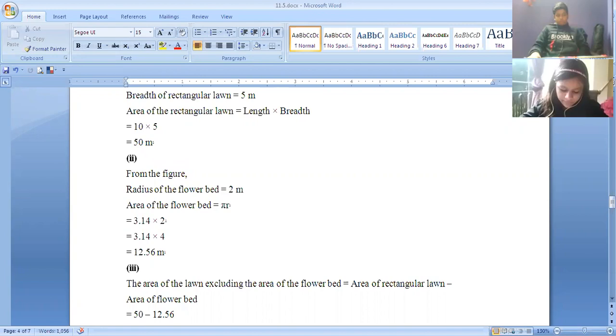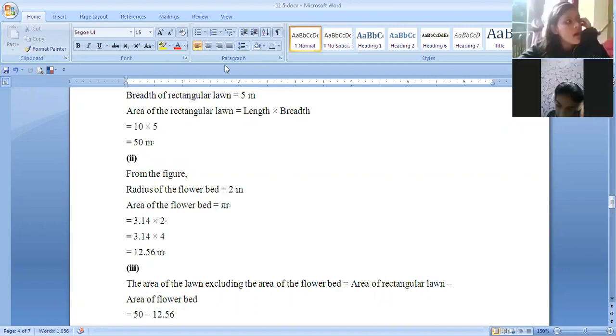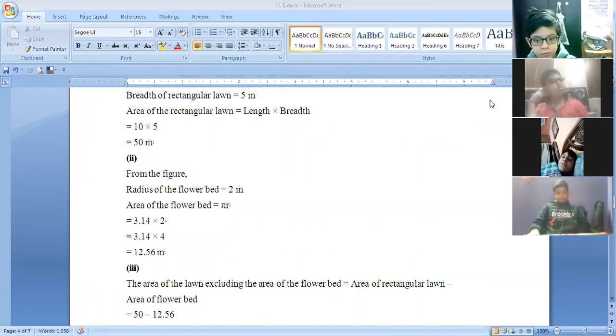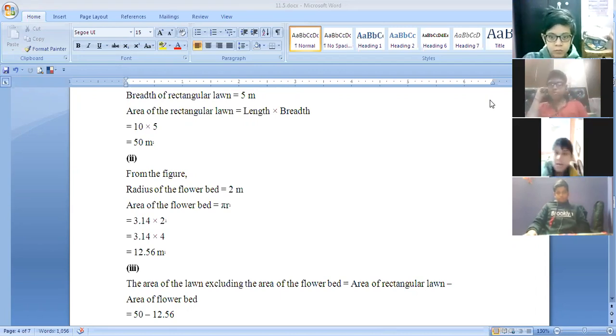Yatharth, open your camera. Devanshi, Yatharth, open your camera fast. Be attentive and give the answer. Yes, Tanvi, your answer is right.